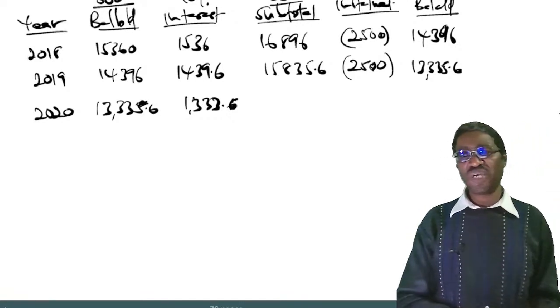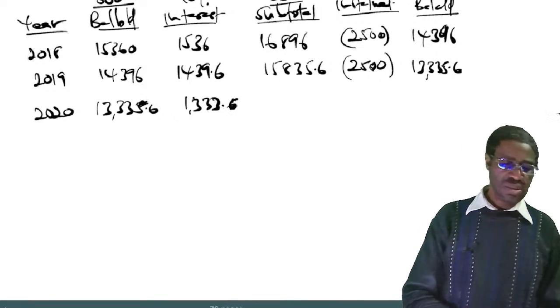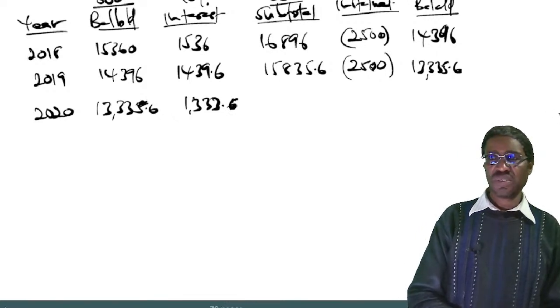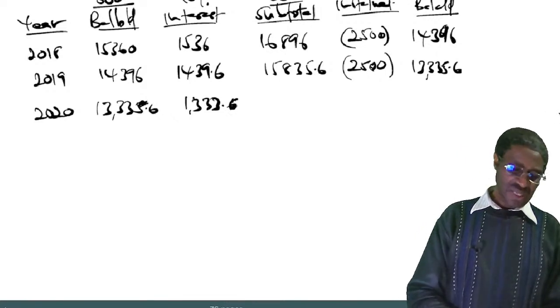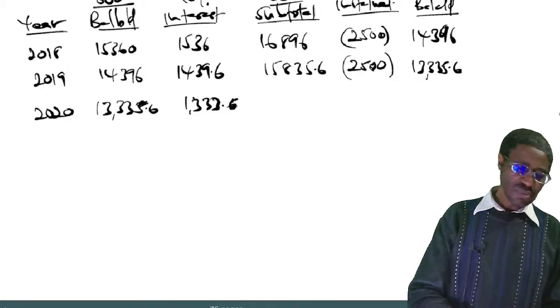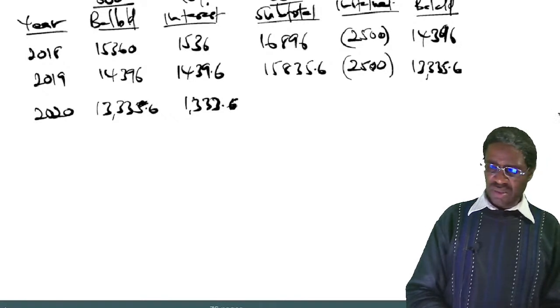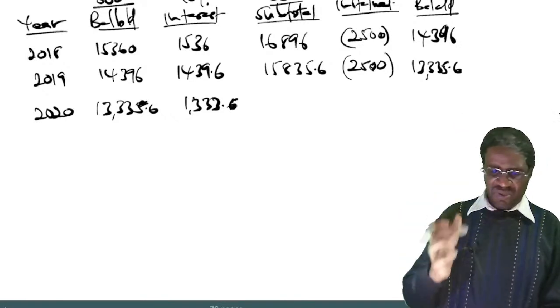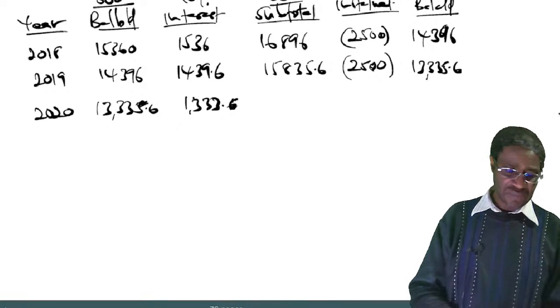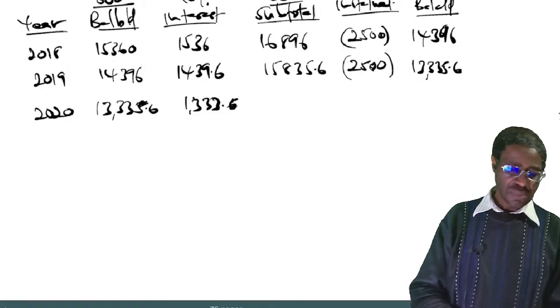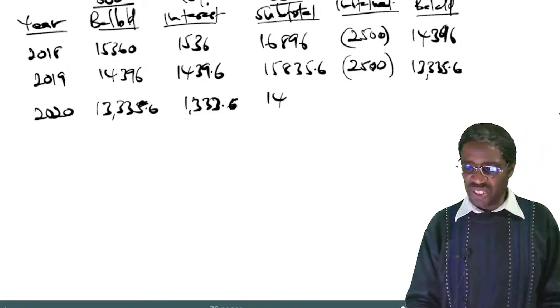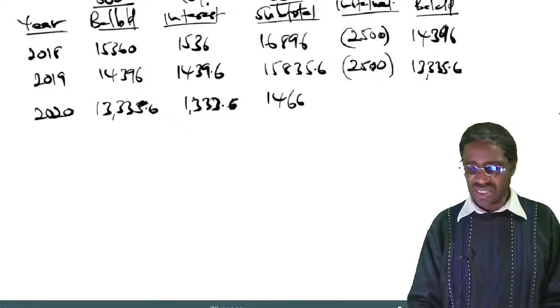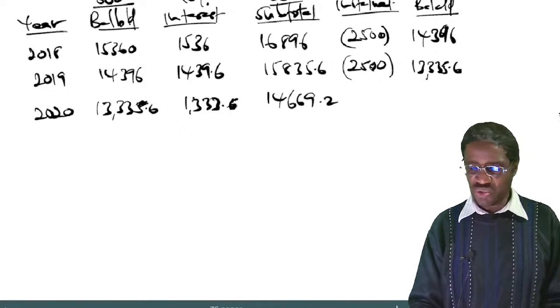So what therefore becomes the liability before we pay our installment? That is how much? 13,335.6 plus 1,333.6. That looks like 14,669.2.